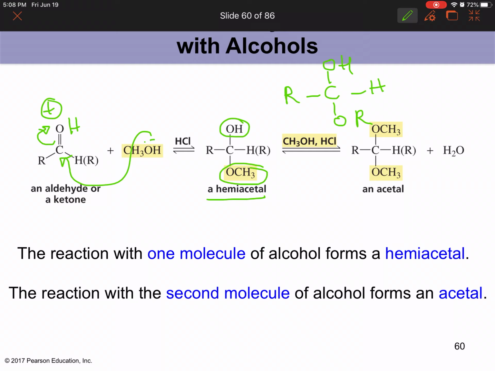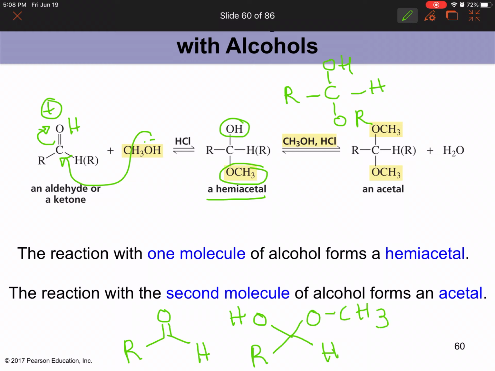Now we call this a hemiacetal. So basically you had an R carbonyl group, hydrogen, O, another alkyl group, and with one methanol group, what happened? One carbonyl group became OH, and then this became OCH3.